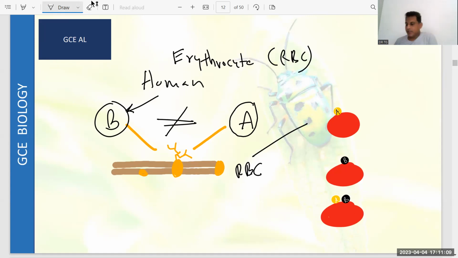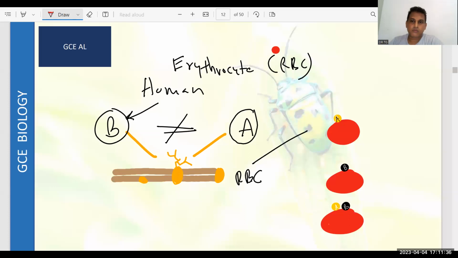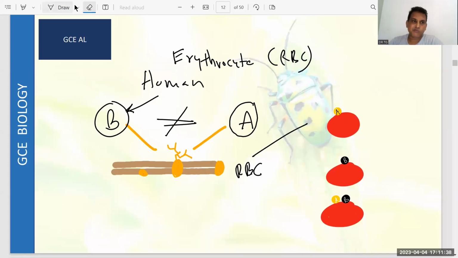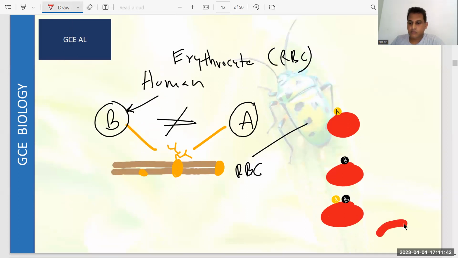And another group of people don't have A glycoprotein, and they don't have B glycoprotein.